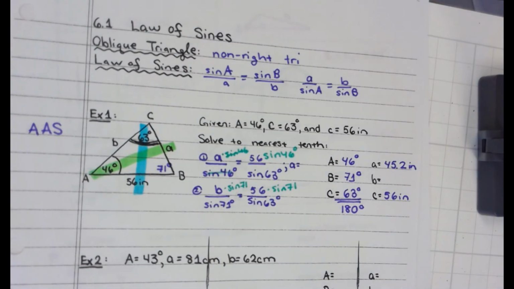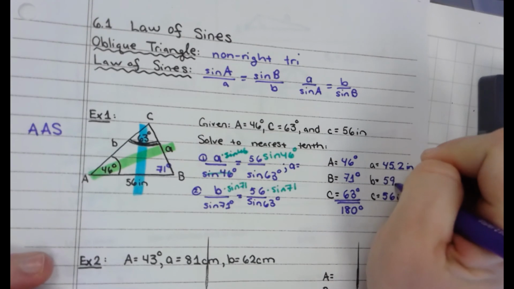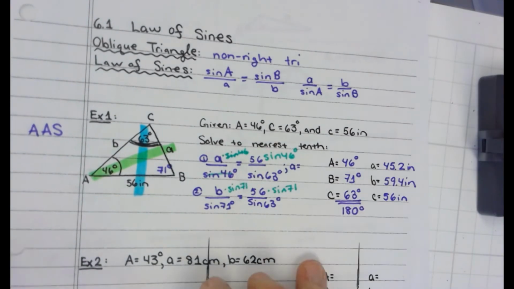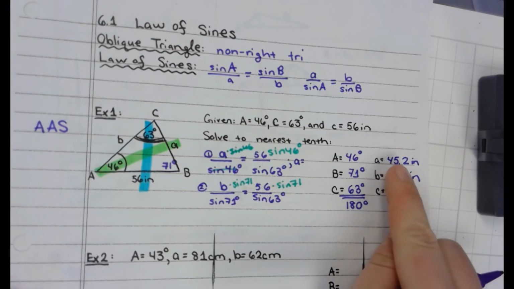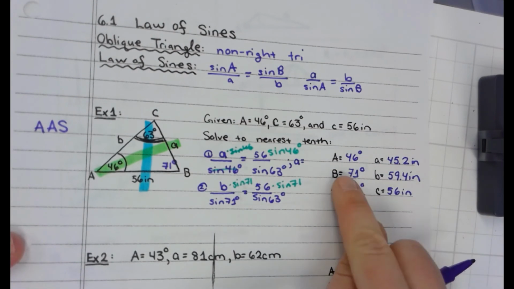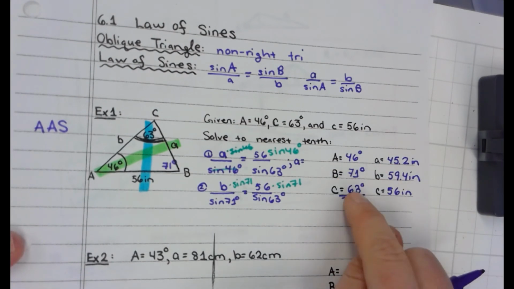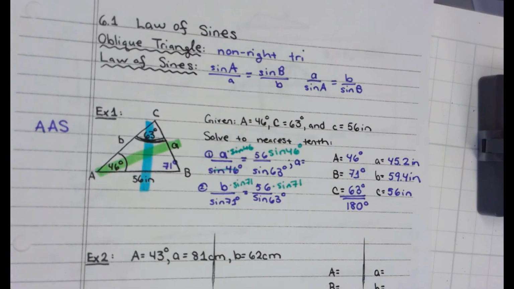I am expecting, since 71 is the biggest angle, a bigger side than both 45 and 56. 59.4. Okay, good. Before we step away, let's look. Smallest angle, smallest side. Biggest angle, biggest side. Medium angle, medium side. Proportionally, I'm happy with the problem before I step away with it.